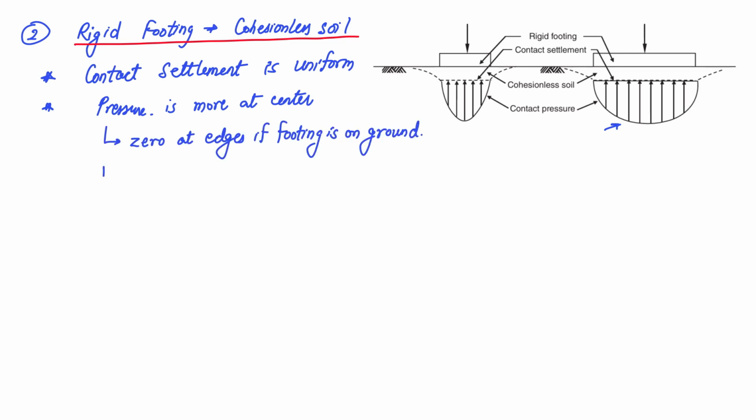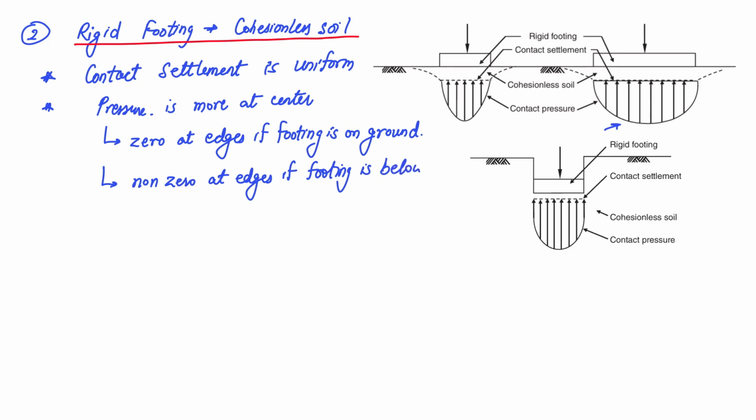But if this rigid footing is placed in a cohesionless soil deposit below the ground surface, then there is some strength below the edge of the footing also. So the pressure is not zero at the edges, as you can see in this diagram. For very deep footings on sand, the contact pressure distribution may be like that discussed in this session for rigid footings in cohesive soil.